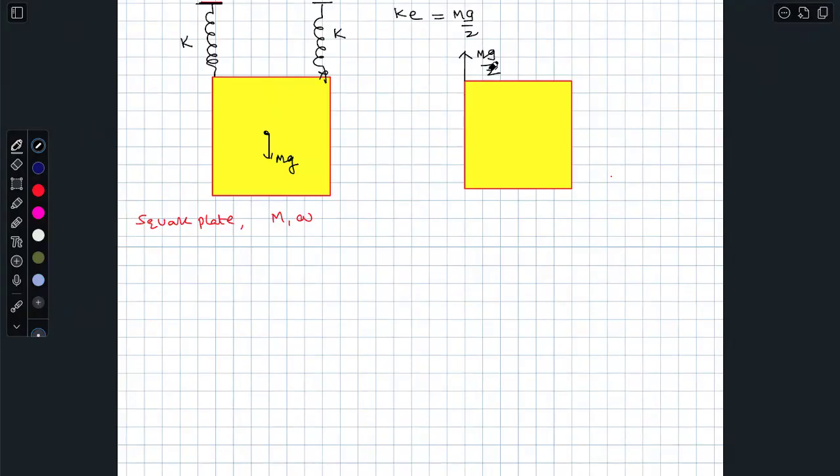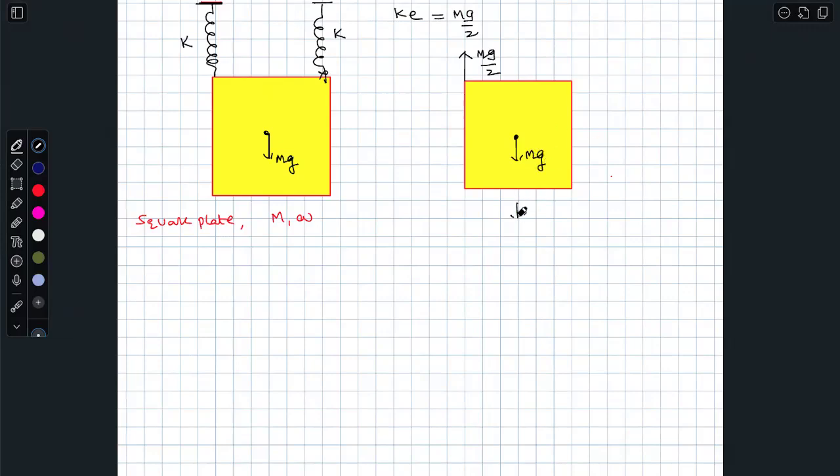You have cut the right part, but the elongation in the left part is still the same. It won't recover immediately like a string or hinge. That is the difference. Hinge లో లాగా, string లో లాగా, immediately it won't recover. Spring takes some time because the elongation is still the same.